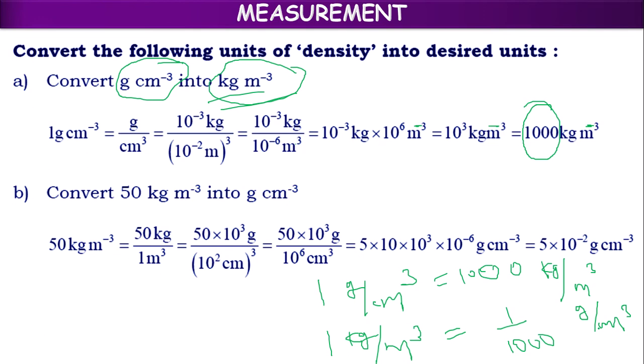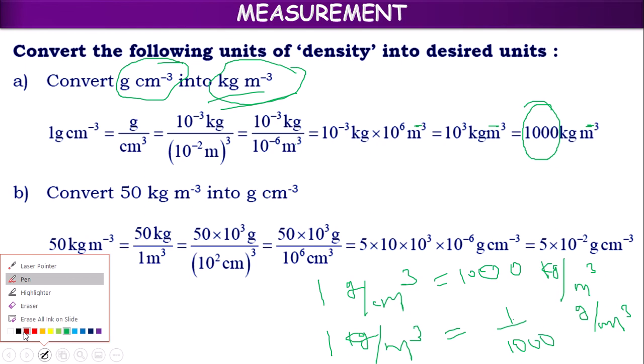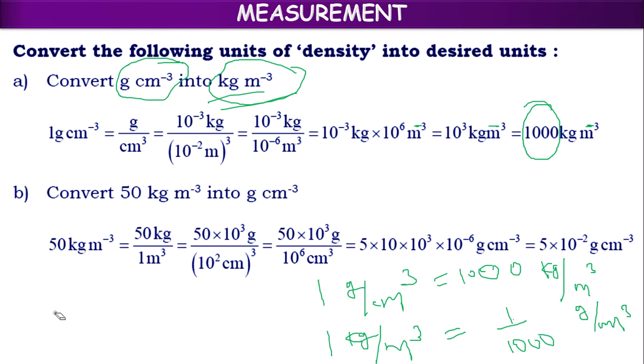Gram per centimeter cube. Or 1 by 1000 means, indirectly, what does it mean? 10 power minus 3.